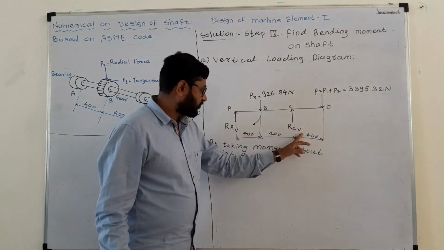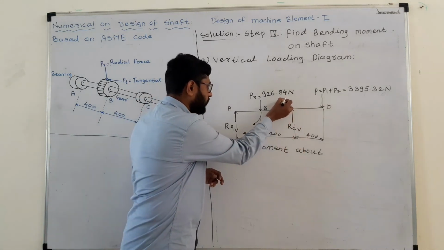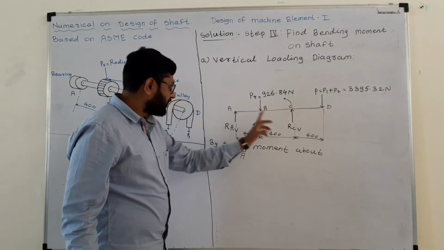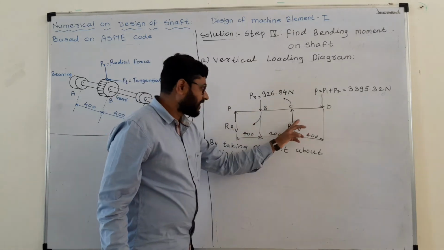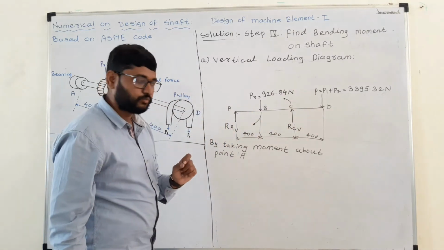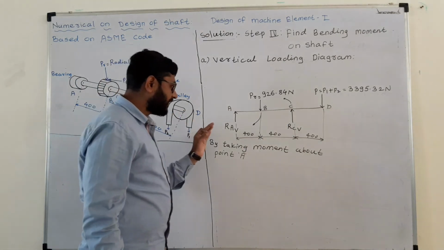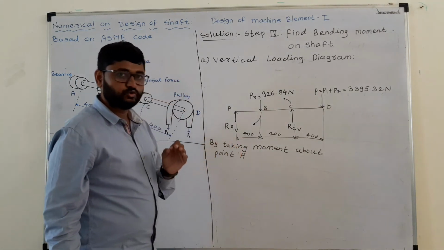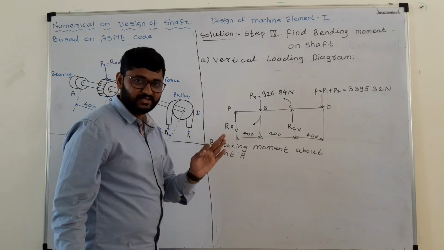If this RCB force is acting anti-clockwise towards point A, in this case we consider the sign convention as negative, and we know that moment is nothing but force into perpendicular distance.